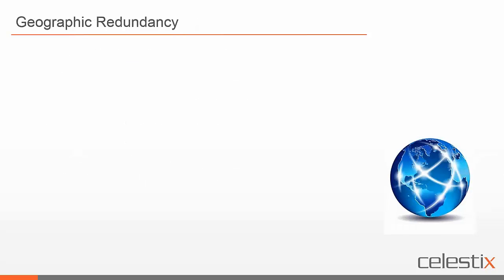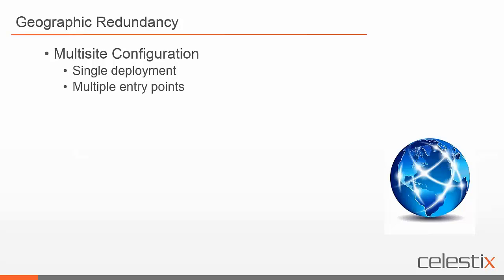One of the things the solution provides now that was not provided in Forefront UAG is geographic redundancy. Now we have support for multi-site configurations. What a multi-site configuration means is that we have a single DirectAccess deployment that is comprised of multiple entry points. This provides a consolidated management view of all of your DirectAccess servers in the organization.